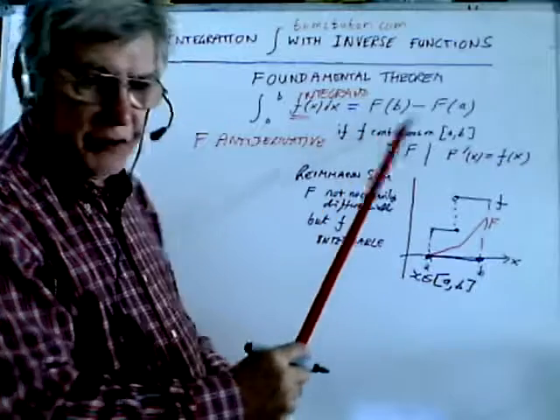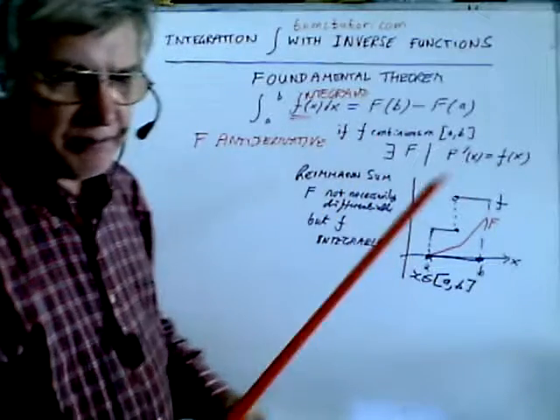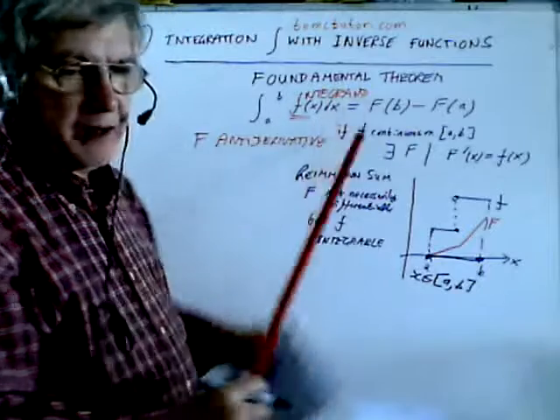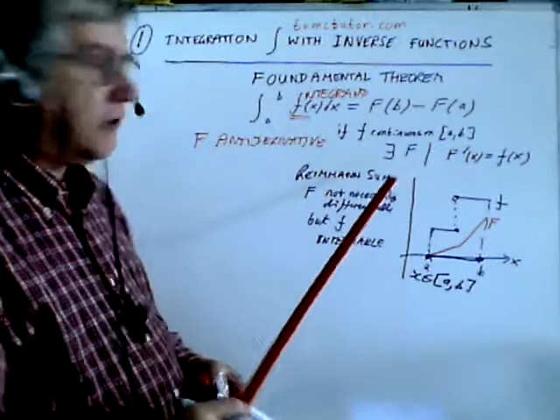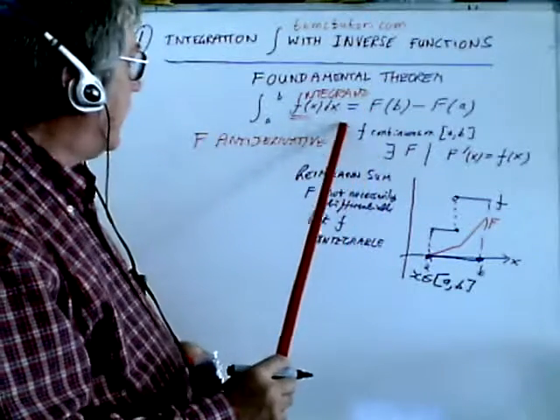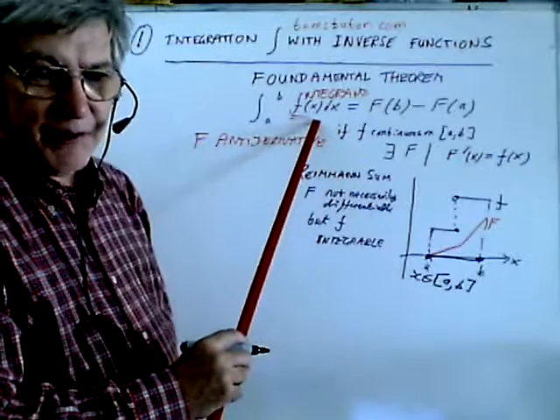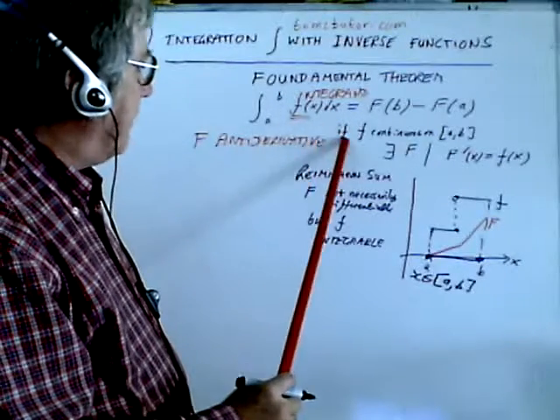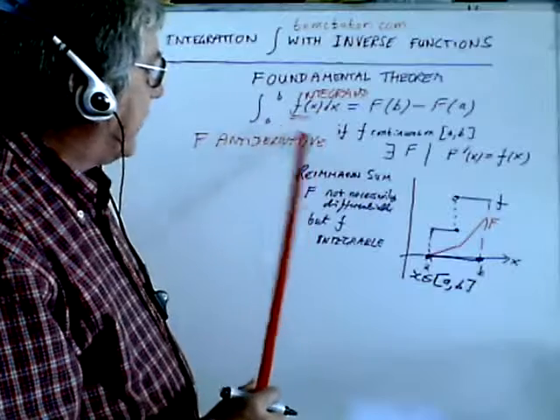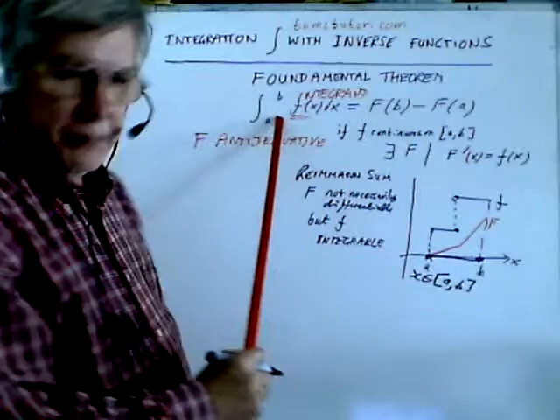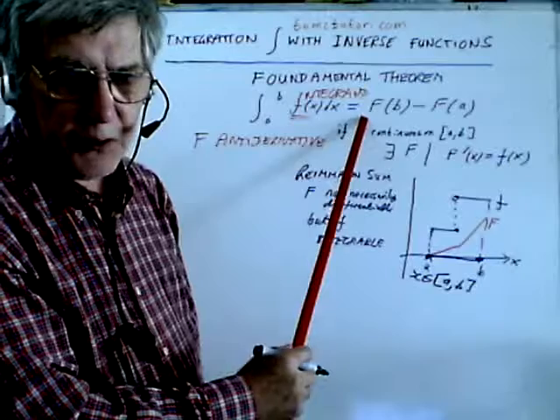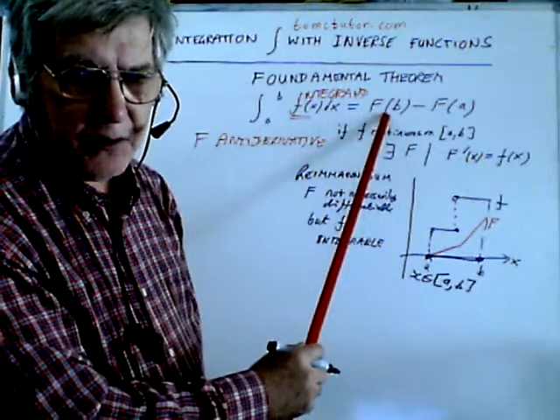So let's assume it's a simple function, sine x or trig or exponential, or polynomials, they're all continuous. They're what we call simple functions, or any combination of simple functions. Then that will be continuous and we can always solve this problem, because we can always find an antiderivative function.